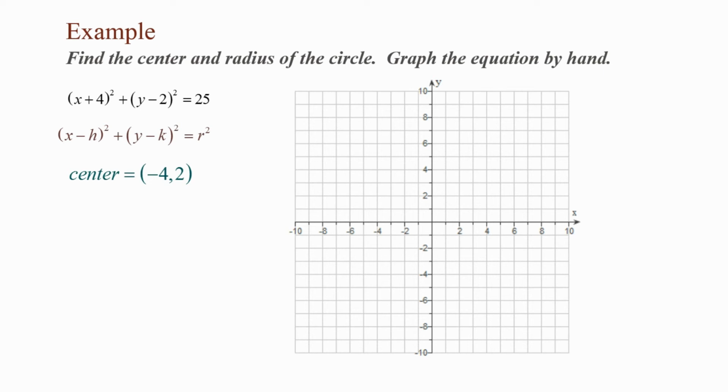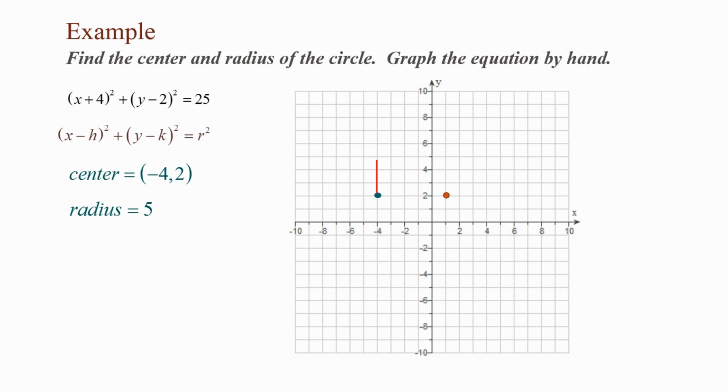For the radius, r squared would equal 25, which means r equals 5. To graph the equation, my first step is to plot the center, which is at (negative 4, 2). Then I need to plot points that are a radius of 5 from the center. I want to go to my right 5, and I'll plot my first point.